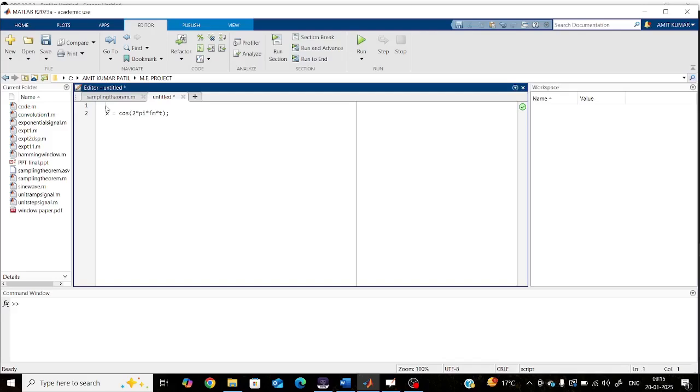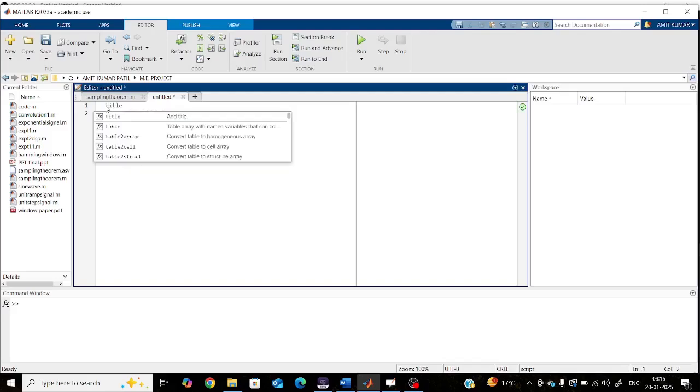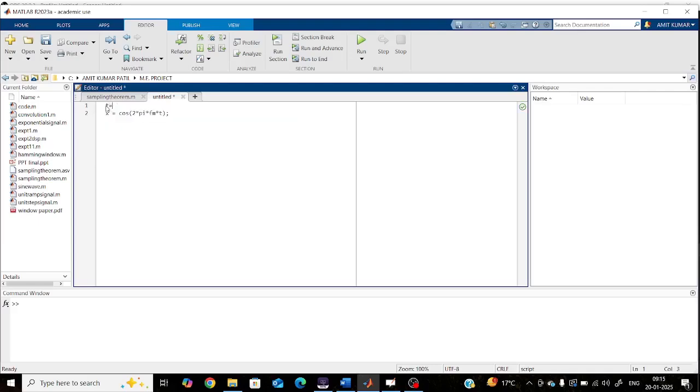For t we will take the time period, from a particular range, from negative range to positive range, we will take different values. Suppose I want to take a vast range, so I will take from minus 100 to plus 100.